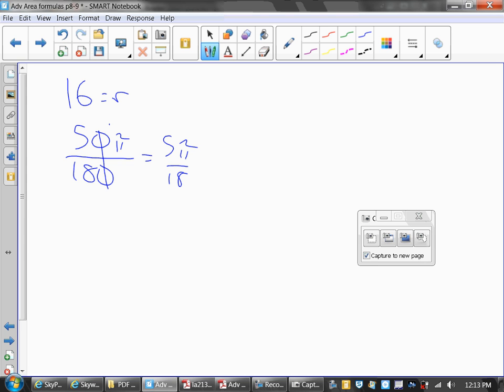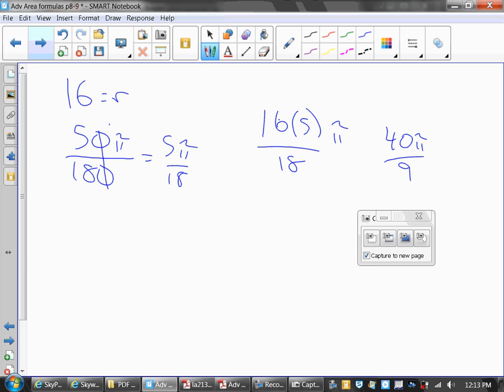Okay. And then just use the formulas. Your arc length was radius times theta, so it's 16 times 5 over 18 pi. So it's 40 over 9, 40 pi over 9.